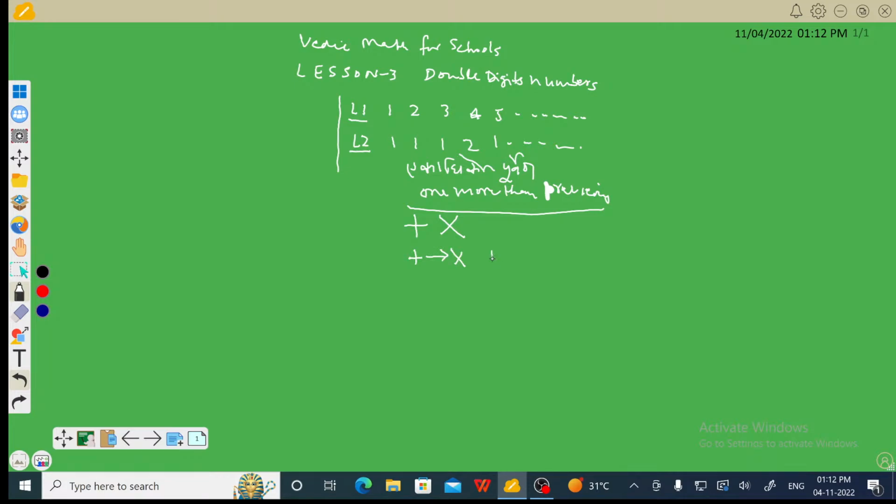Feature 1 is that multiplication is repeated addition at base, and feature 2, multiplication is repeated addition at index.